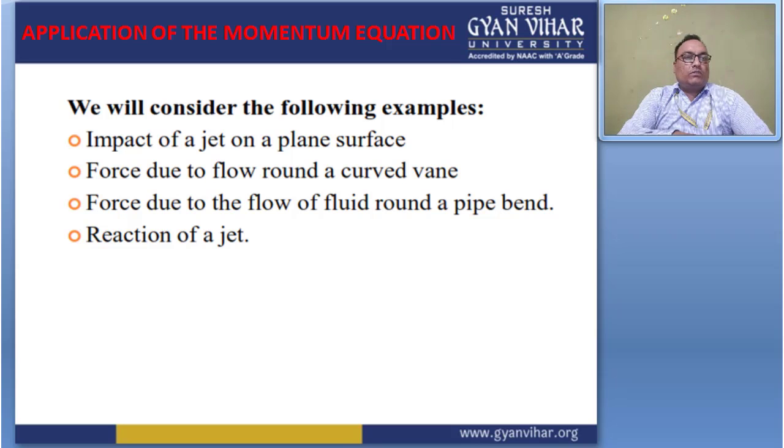And force due to the flow around a curved vane, meaning suppose one pipe, how much force is created at the bend section, the force due to the flow of fluid around a bent pipe. And reaction of a jet means how much reaction the jet produces.